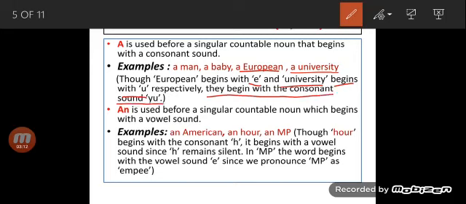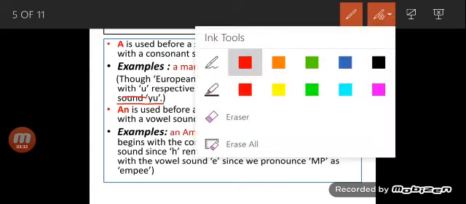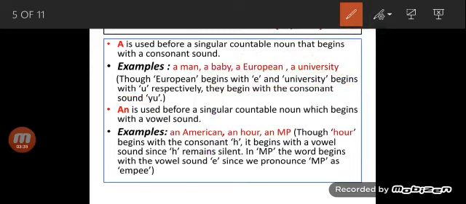Though the noun begins with a vowel, the sound is a consonant sound. That is the reason we have to use article a.